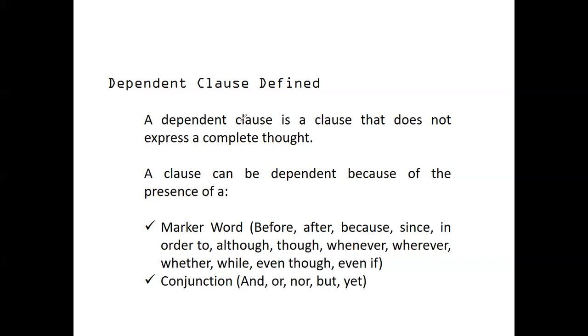So all of these are dependent clauses because first, it doesn't have a complete thought. Second, it starts with the marker words. Once it starts with a marker word, it will always be a dependent clause.